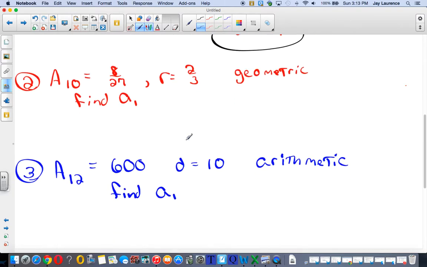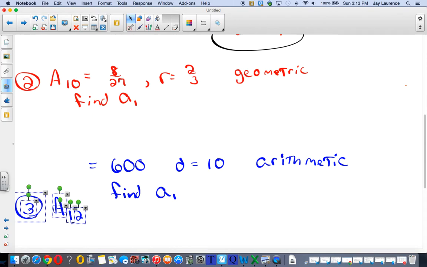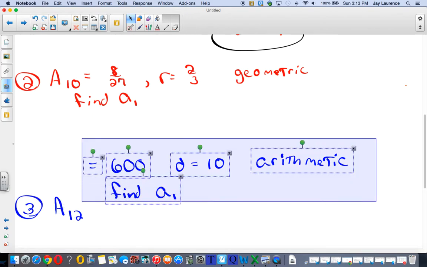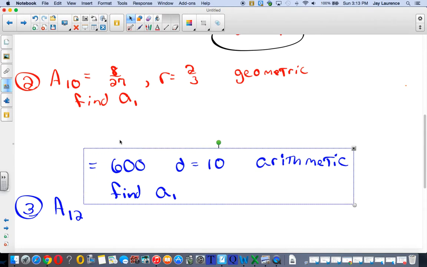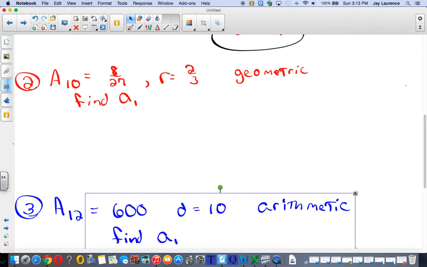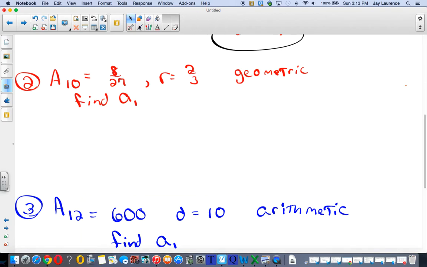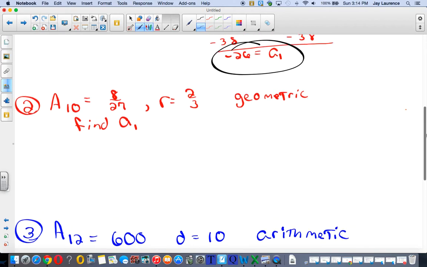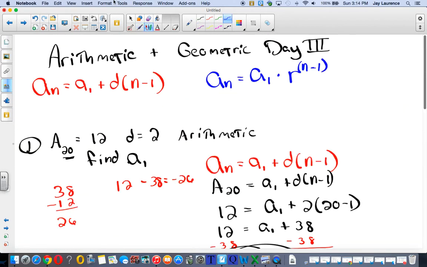All right, problem number 2. Let me see if I can move this down here. Uh-oh, it's not moving. Let's group it all together. All right, there we go. And we're going to use the geometric sequence formula. So where is my geometric sequence formula? There it is.